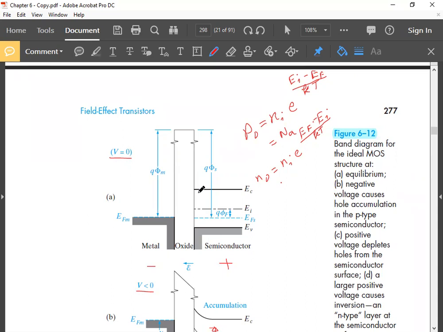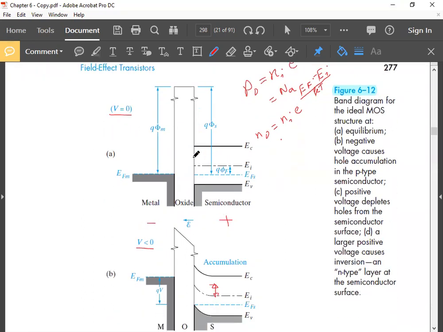So the first thing you have to do is to apply a suitable gate voltage which will make the bands flat again. That voltage is called the flat band voltage, VFB, which I showed you in the capacitance voltage diagrams. Once you have applied that flat band voltage, the bands have become flat.